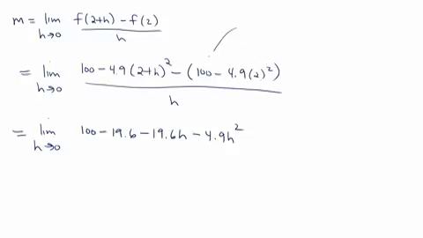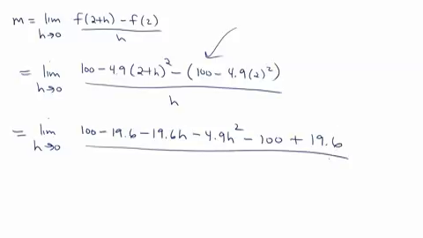Now we'll take care of this part of the numerator, so we'll distribute the negative through and also take the 4.9 times 4. That's going to give us a negative 100 and a positive 19.6, all over h.